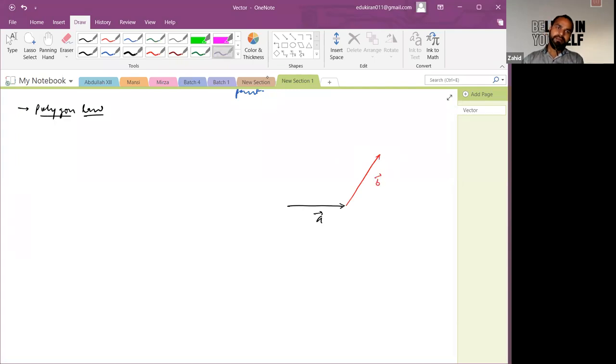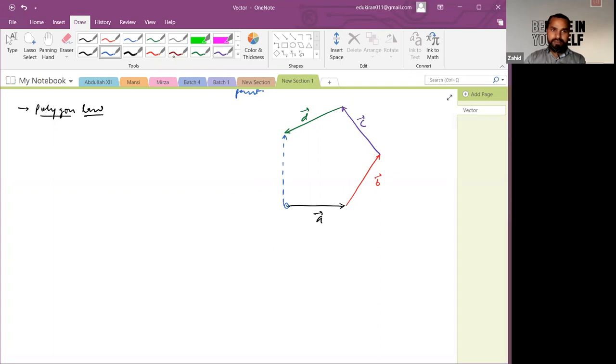Similarly, put the tail of the next vector on the head of it like this, and so on. Then, on arranging all these vectors, a vector starting from the first to the last will be termed as the resultant.